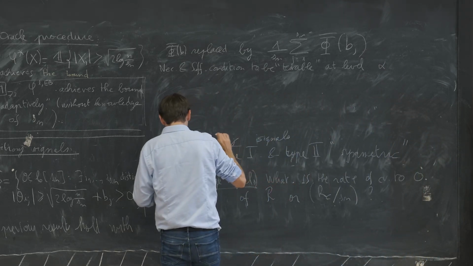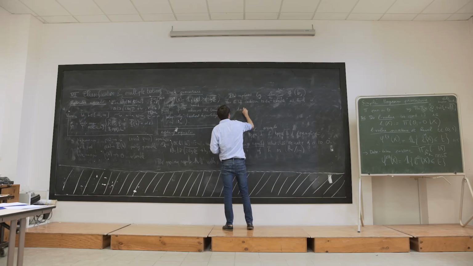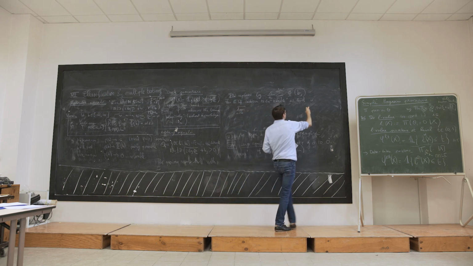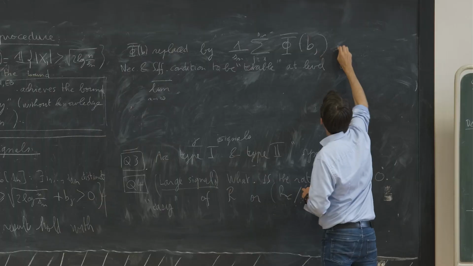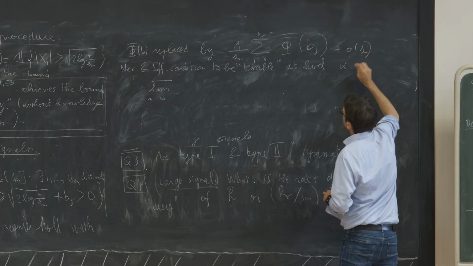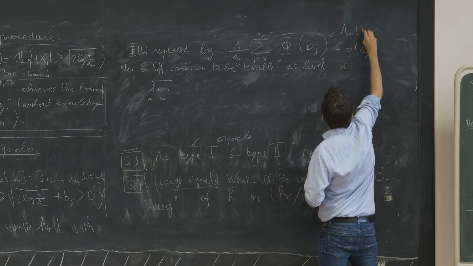And this is just taking this quantity and saying that the lim sup as n goes to infinity of, let me call it lambda n of b, with a little o added.